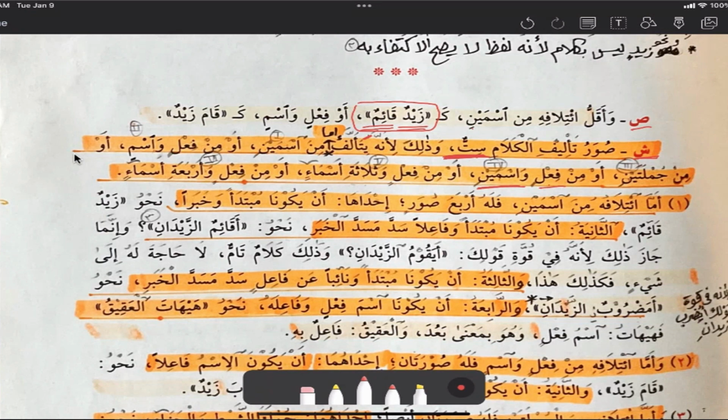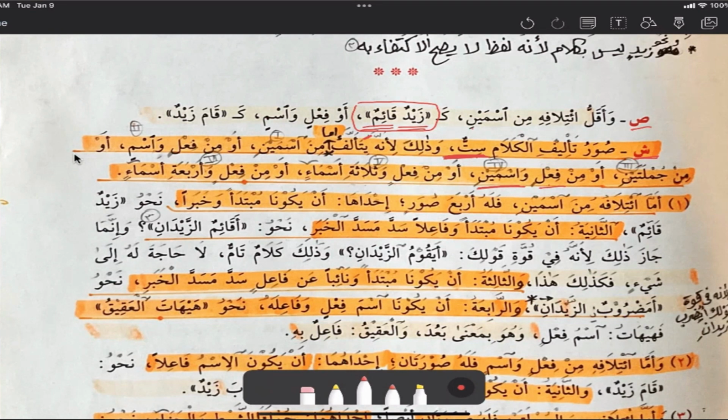You might think there's 2. Jumla ismiya, nominal sentence, and jumla fi'liya, verbal sentence. And then just like that. Now it's true, those are your 2 sentence types, but they have scenarios. So when you break down all the scenarios, you come to 6 scenarios of how to structure a sentence in Arabic.